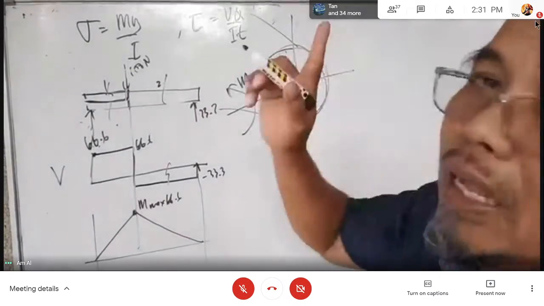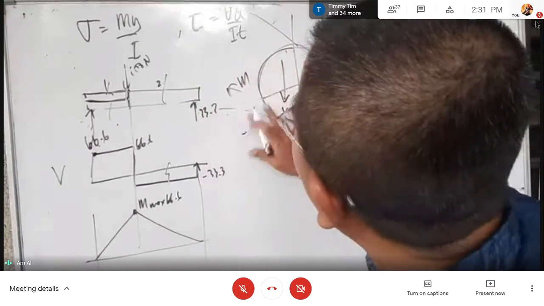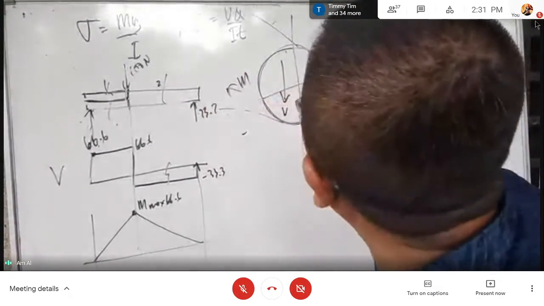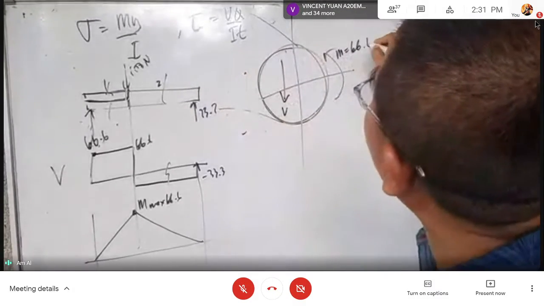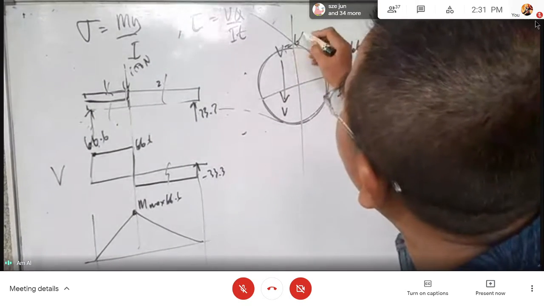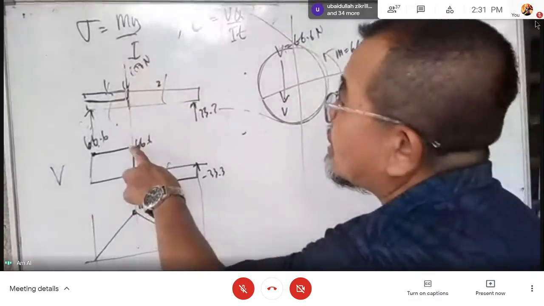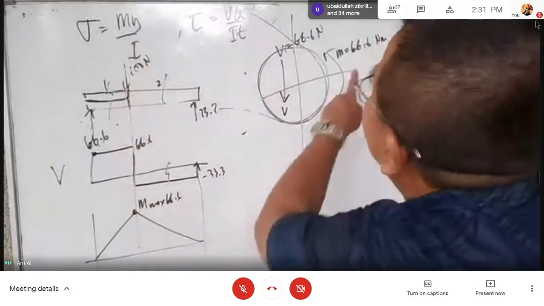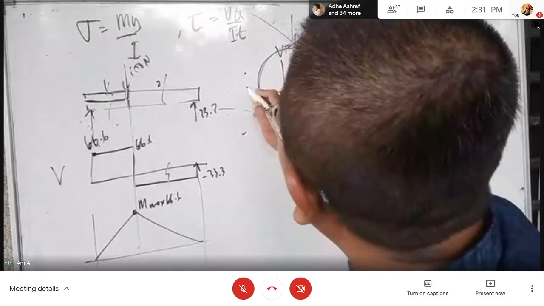Now look at the cross section there. There's a moment at that axis. The moment is 66.6 Newton meter. Your V is also 66.6 Newton only. In your moment, this is what's happening. Now look at the side there.